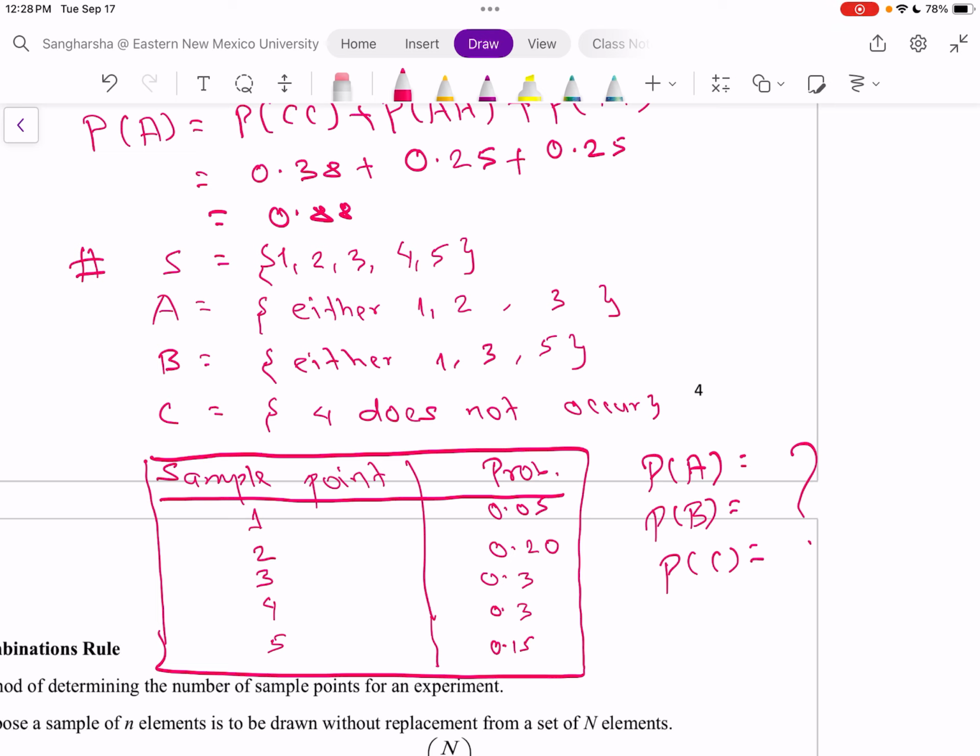So you can write P of A equals 0.55, or P of B equals something.